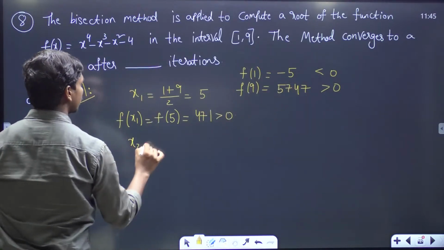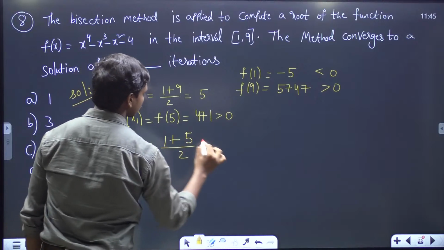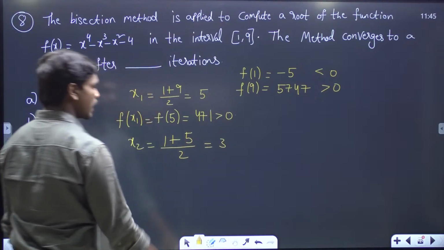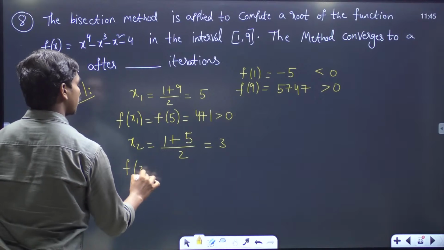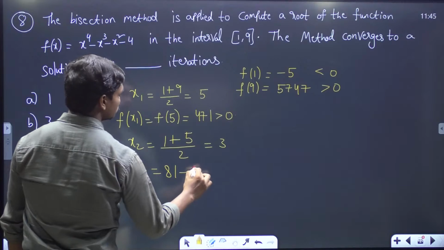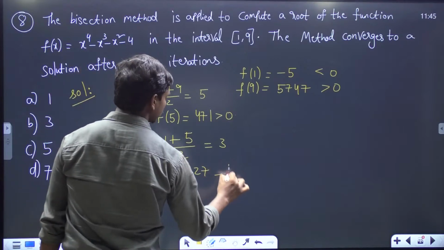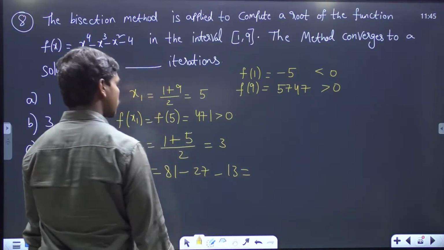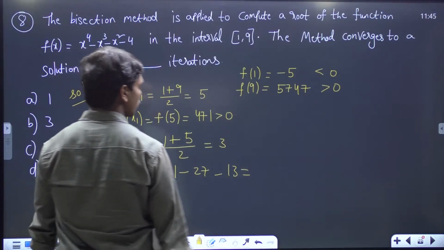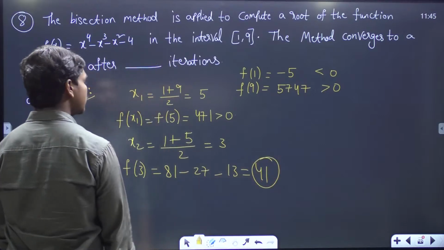So x2 is equal to (1 plus 5) by 2, which is 3. If you calculate f of 3, 3 power 4 is 81, minus 3 cube, 27, minus 3 square, 9, minus 4, which is 13. So 81 minus 40 will give you 41. So f of 3 is positive.